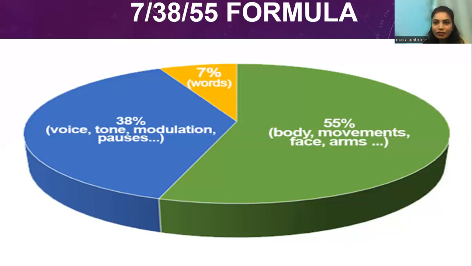The 55%, which is a very dominant number, accounts for body movement, body language, facial expression, and the gestures which we give through our nonverbal communication, which is very important. Only 7% accounts for the verbal communication, the words which we say.